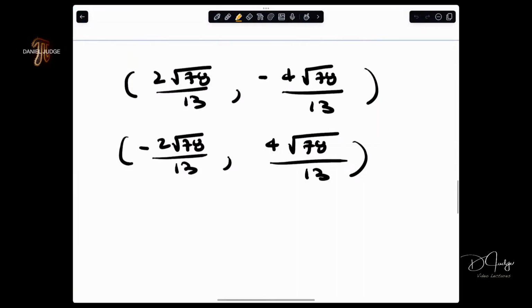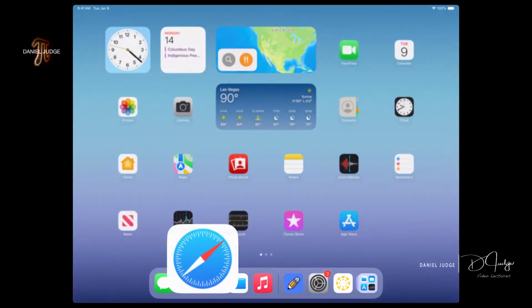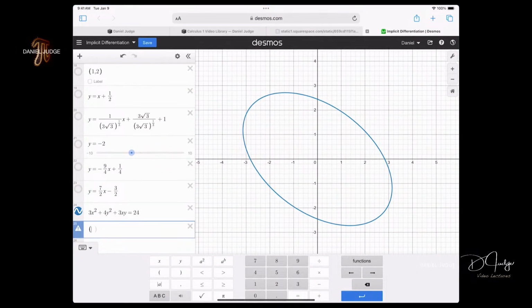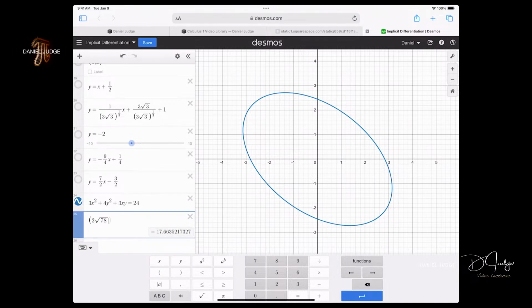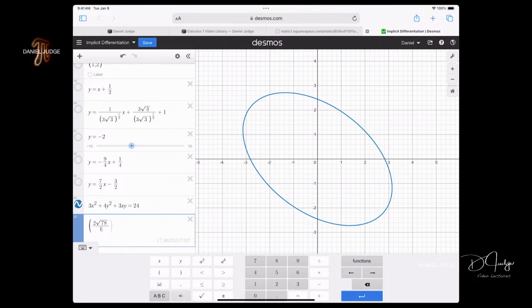So let's go back: 2 square root of 78 over 13.